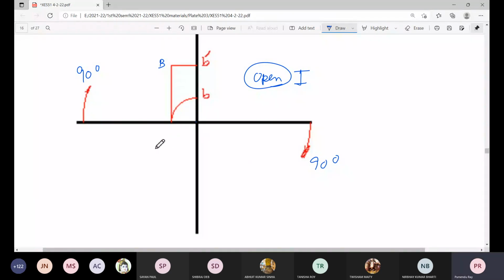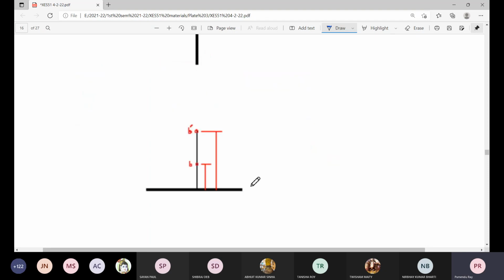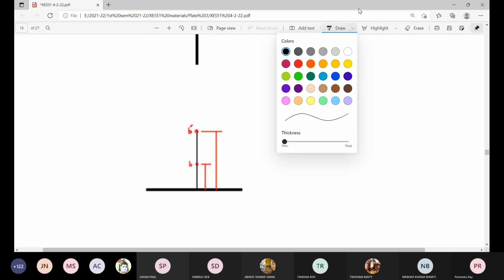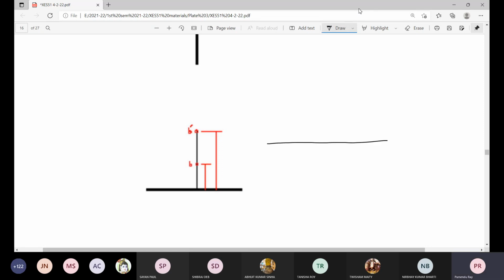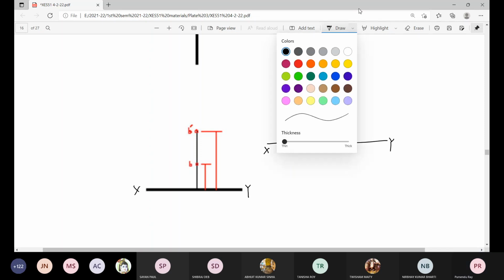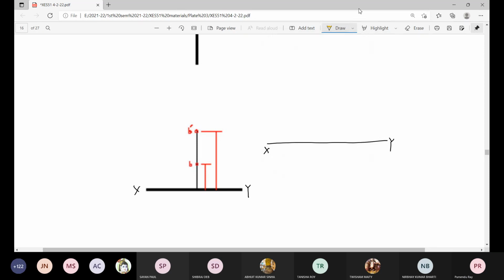Now, this point was the plan. Now, when you rotate, it travels to this location. And the formal way of engineering drawing is that step 1, draw the line XY, a thick horizontal line. Draw a vertical projection line.